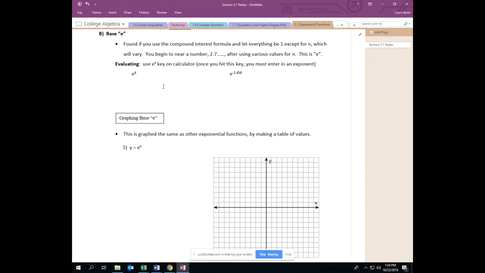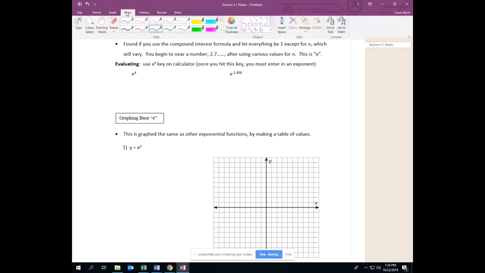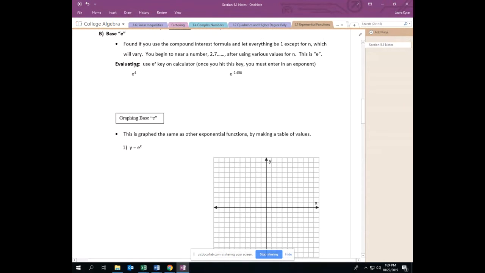Now, there is a button on the calculator that allows you to evaluate E, because you're going to have to do some evaluations and some graphs where you use E as the base. So the button on the calculator that you use is second ln.